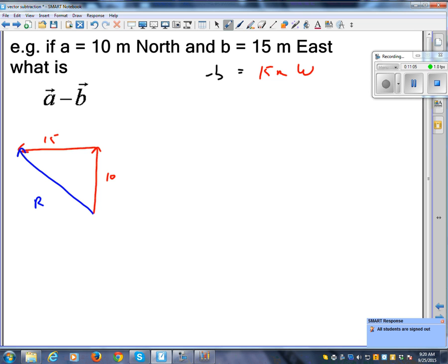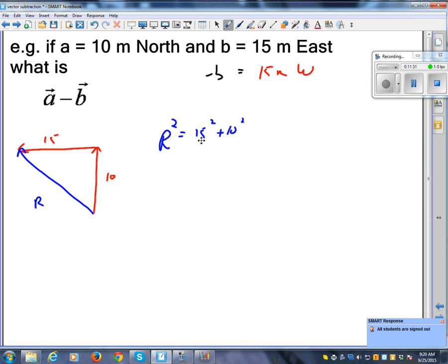Are they right angles? Are they perpendicular to each other? They are, which means I can use Pythagoras. I do not need to do scale drawing. R squared is 15 squared plus 10 squared. Now, do I need to put minus 15 in there? No, for a couple reasons. One, even if I put minus 15 in there and you square it, what's going to happen? It's going to become positive.